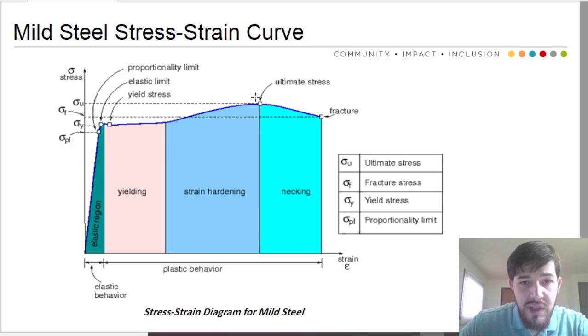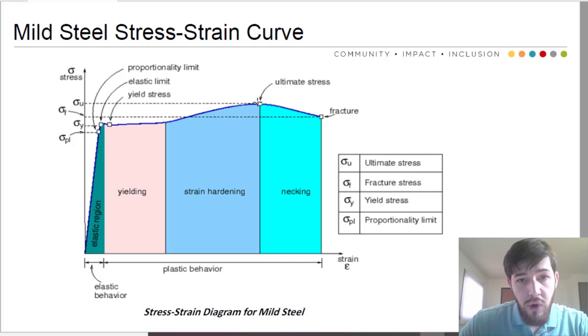When the specimen reaches this point, called sigma u, or ultimate stress, the ultimate stress or ultimate strength is the capacity of the material to carry load before rupture or cracking.